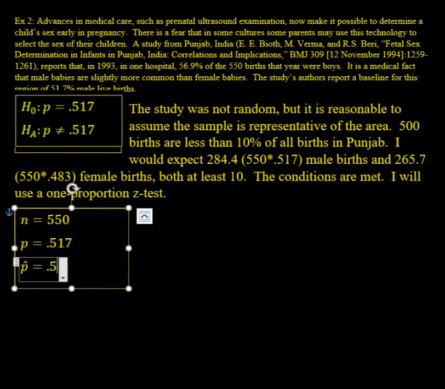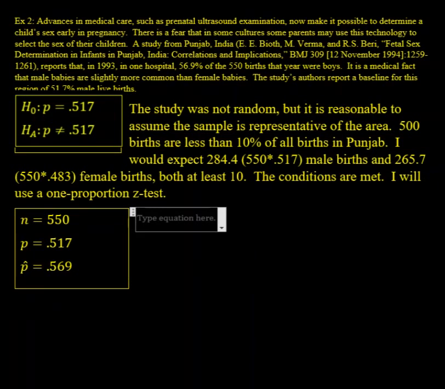So now we calculate our standard deviation. Remember, this is standard deviation, not standard error, because this is from our population, not from the sample. The standard deviation of p equals the square root of 0.517 times 0.483, which is from the population, what we expect the true value to be, over 550.